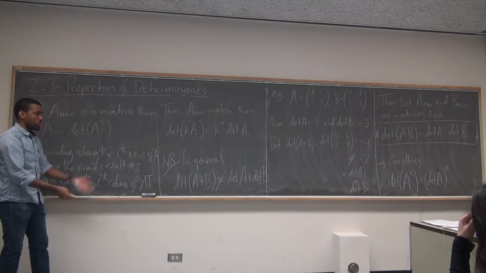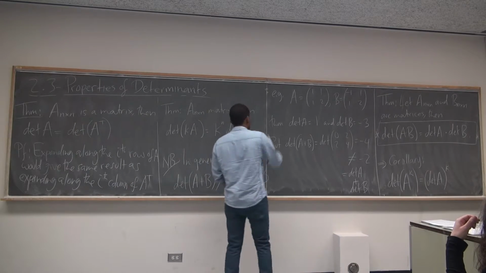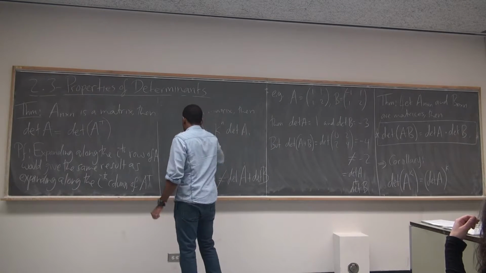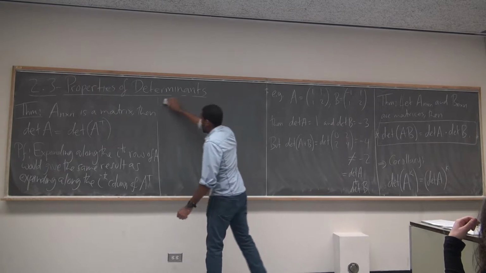I just turned all the rows into columns. So expanding along a particular row is the same as expanding along the corresponding column for the transpose. So that's straightforward.